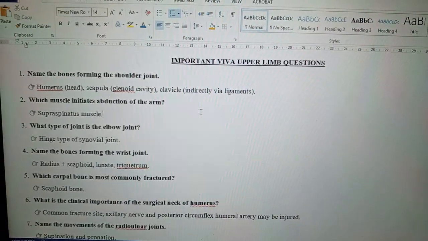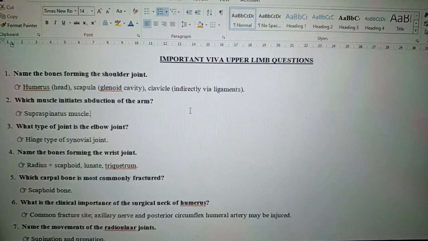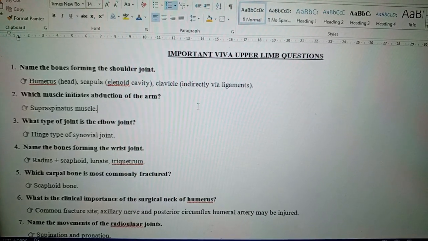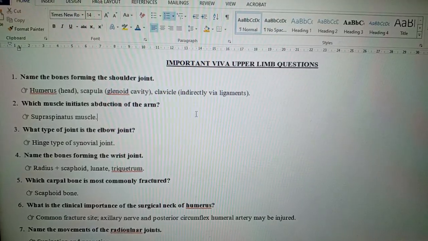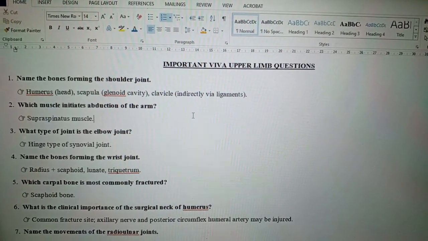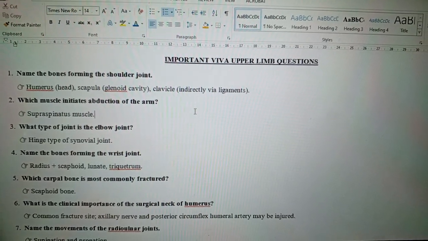Name the bones forming the shoulder joint: humerus head, scapula glenoid cavity or glenoid fossa, and clavicle. Name the ligaments attached to the clavicle. Which muscle initiates the abduction of the arm?